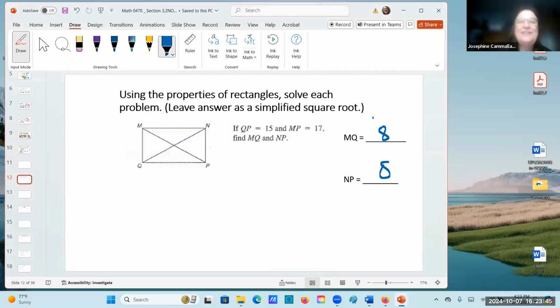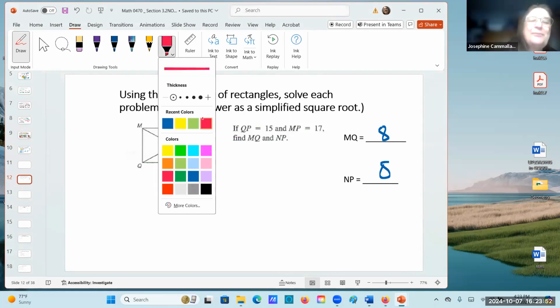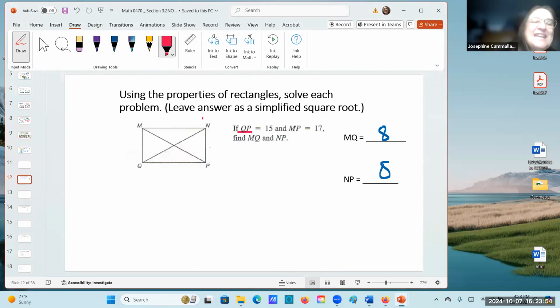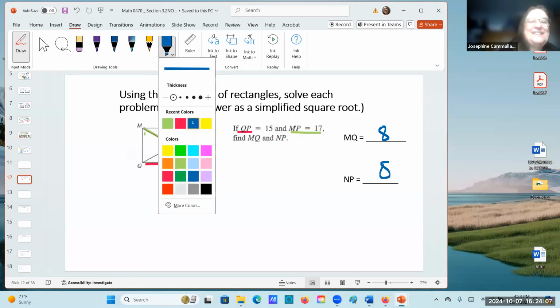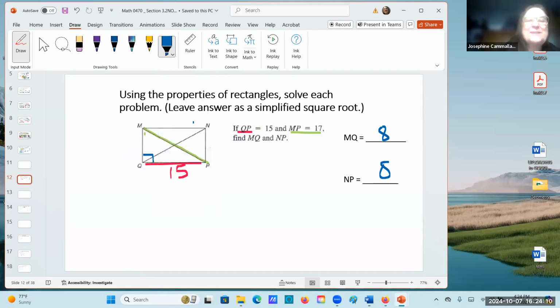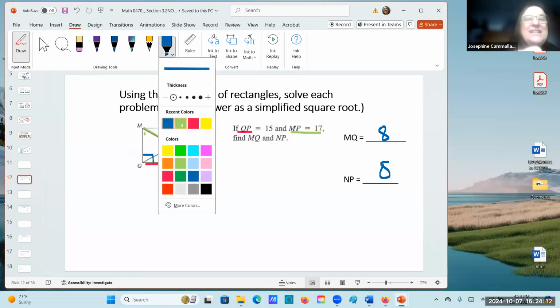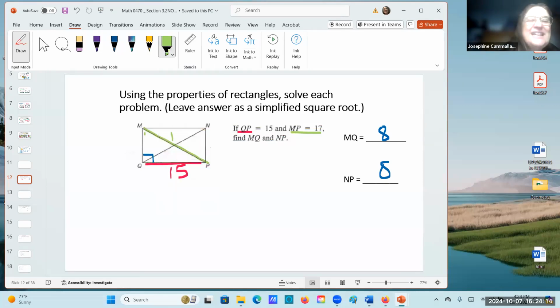It is 8. Now, someone asked me why it's 8. Well, for that person who's asking, QP is this side. MP is the diagonal. This has got a box, which means that this side is 17.